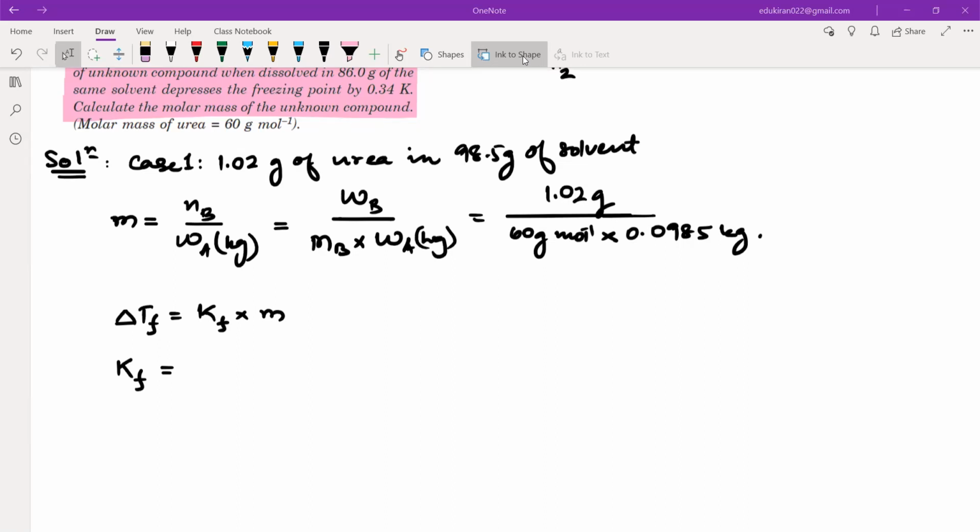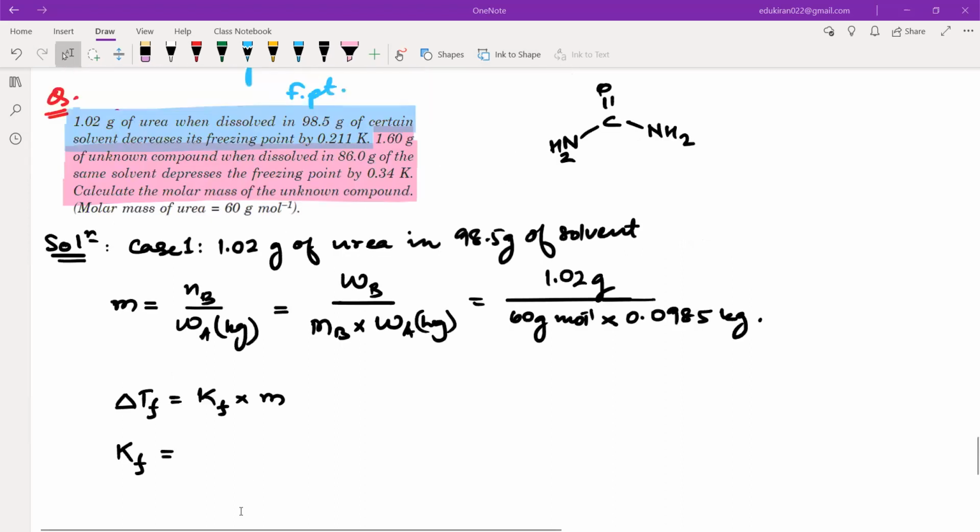Okay, now Kulsum, what you can do, you can use the KF. Second case में apply कीजिए KF, okay? In that case, case 2 में आप वैसे ही लिखिए जैसे हमने लिखा है. You will write there 1.6 gram of unknown compound in 86 gram of solvent.